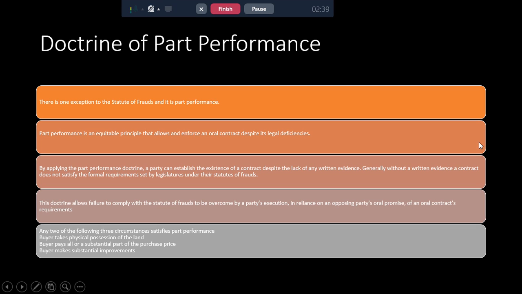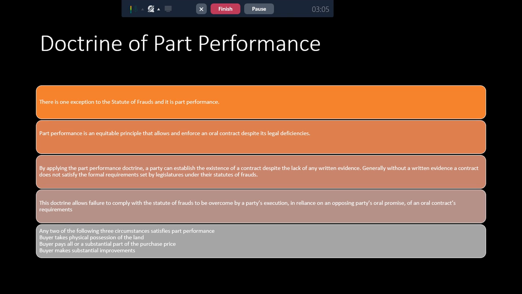There is one exception to the statute of fraud, and it is part performance when it comes to property. Part performance is an equitable principle that allows a court to enforce an oral contract despite its legal deficiencies. By applying the part performance doctrine, a party can establish the existence of a contract despite the lack of any written evidence.